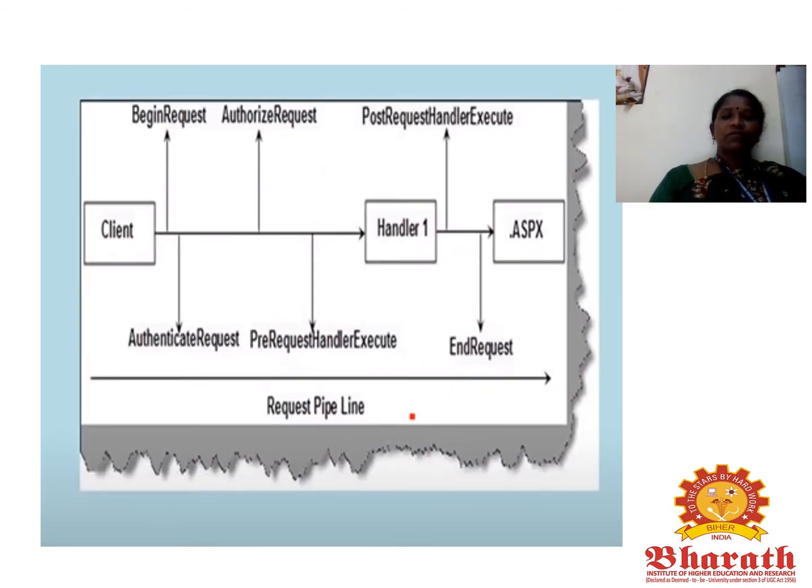For example, in the first handler diagram, the client sends a message to the ASPX server, passing through the request pipeline. First begin request, second authenticate request, third authorize request, fourth pre-request handler execute, then post request handler execute and end request. Finally the message is sent to the ASPX file.